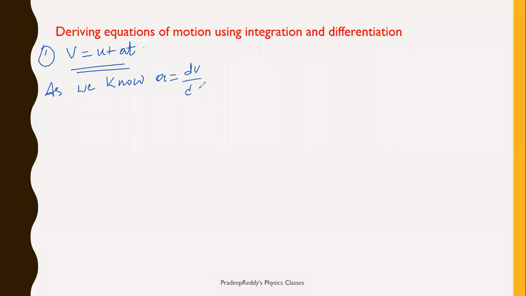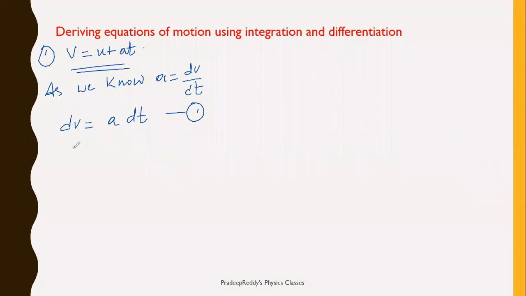That means instantaneous acceleration. At any instant of time, you can find acceleration as dv by dt. From this, you can write dv is equal to acceleration into dt, is it not? This is equation number 1. We know that dv is equal to a into dt.